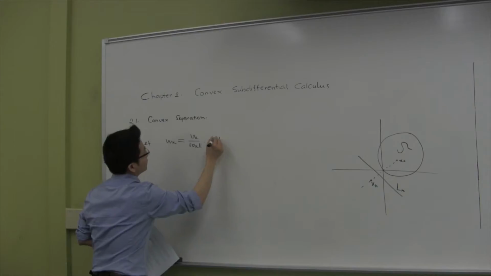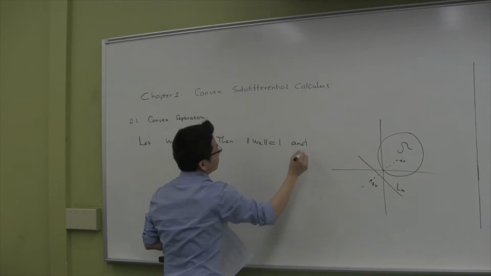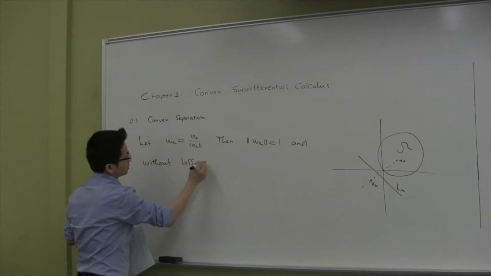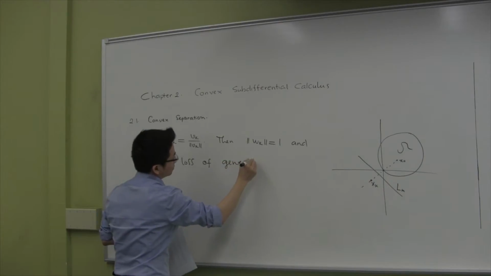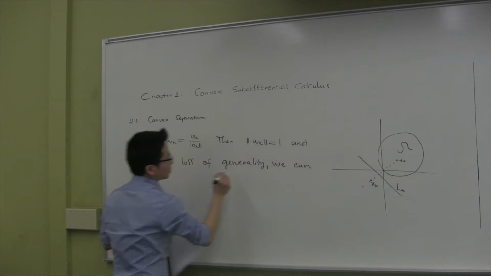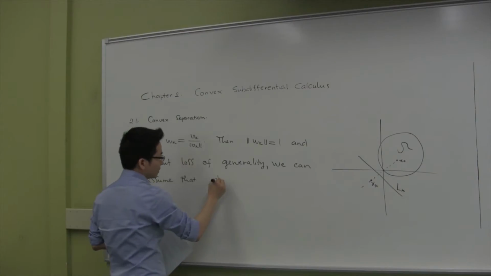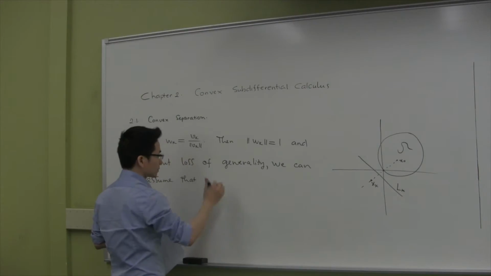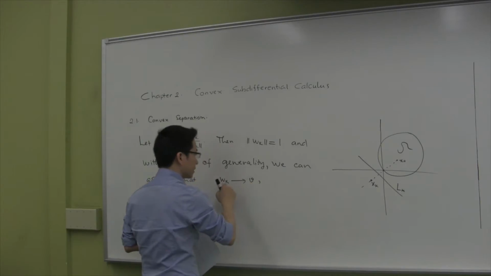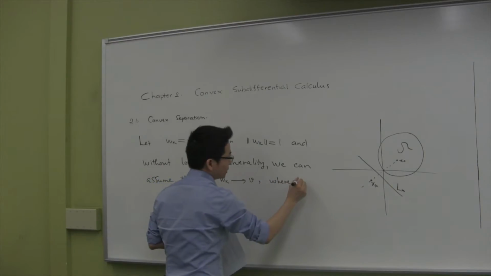Then the norm of Wk is equal to 1, and without loss of generality, we can assume that this Wk converges to some vector v, and here because the norm of Wk is equal to 1, the norm of v is also 1.